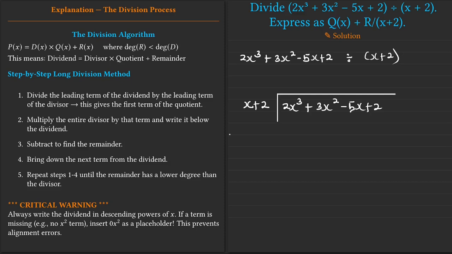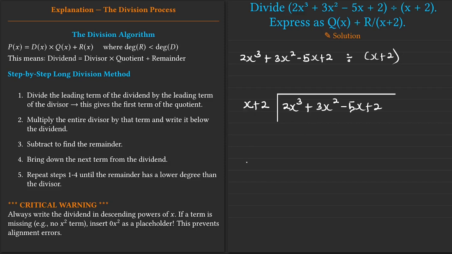Now, this is the point I advise you really pay attention, because if you are able to get it, there is no polynomial you can't divide. It says we should divide the leading term of the dividend by the leading term of the divisor. This is the leading term of the dividend, and this here is the leading term of the divisor.